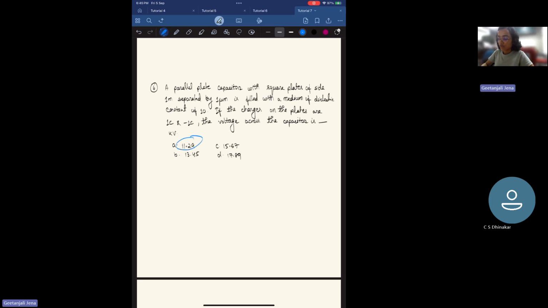Option A is 11.29, option B is 13.45, option C is 15.67, and option D is 17.89.